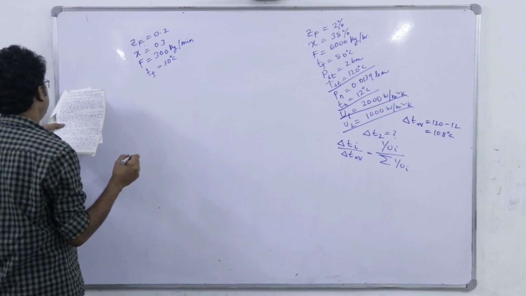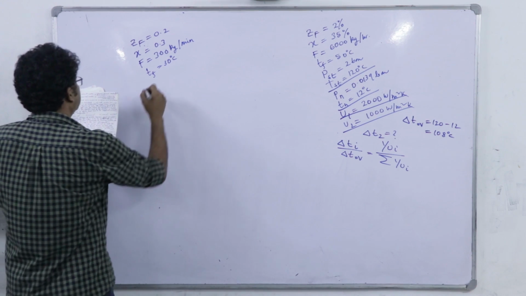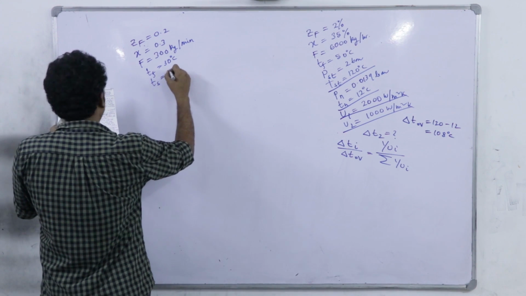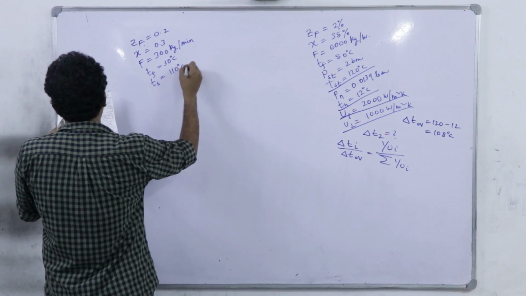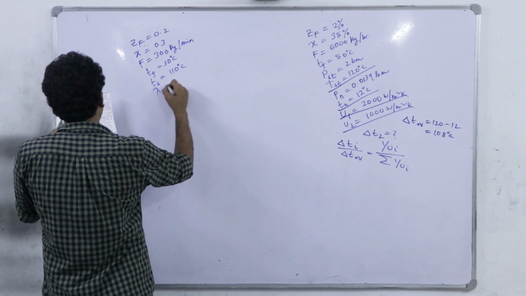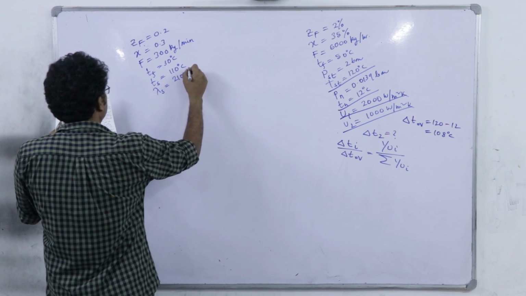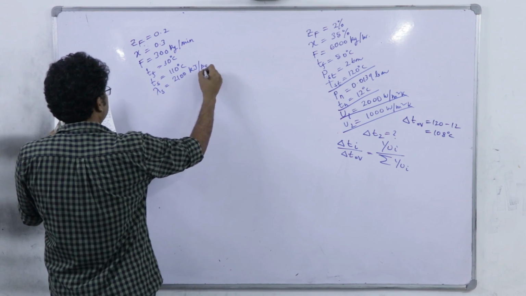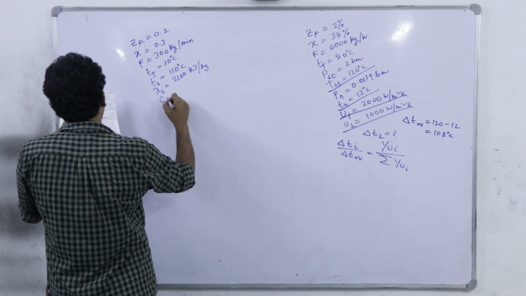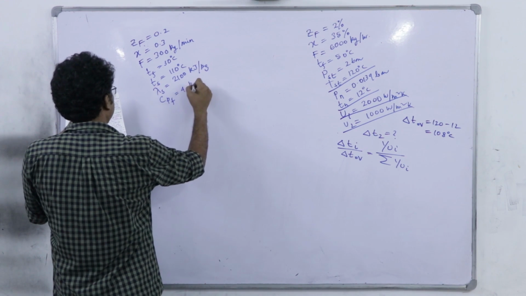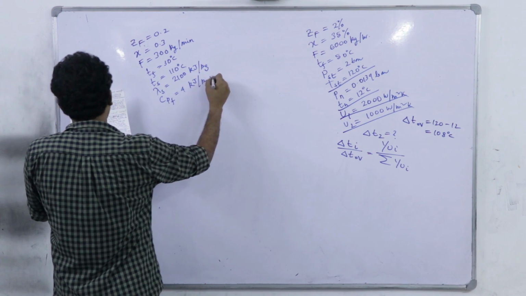The boiling point of the solution Ts is 110 degrees and the latent heat of vaporization is 2100 kilojoule per kg. Specific heat of the feed is 4 kilojoule per kg Kelvin.